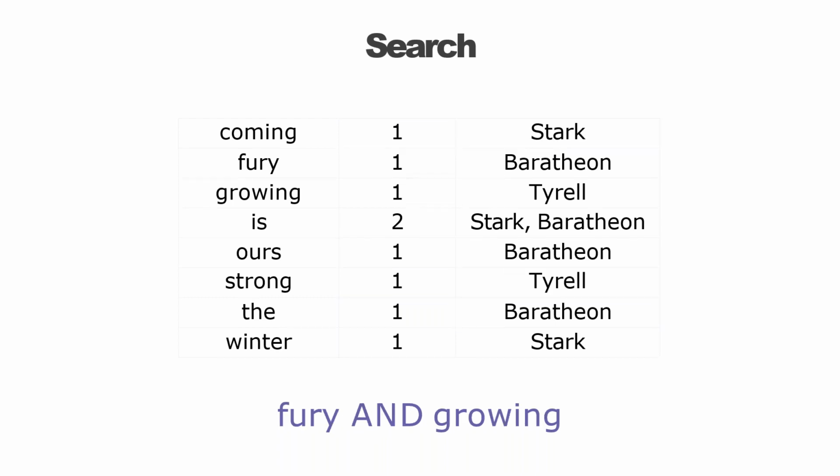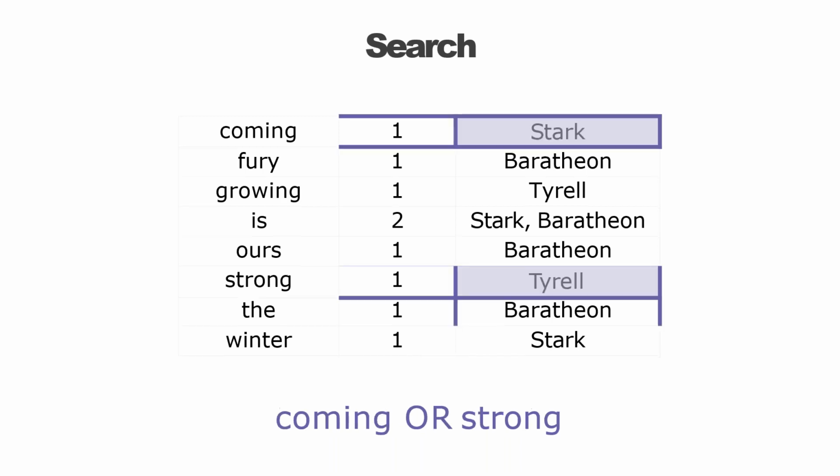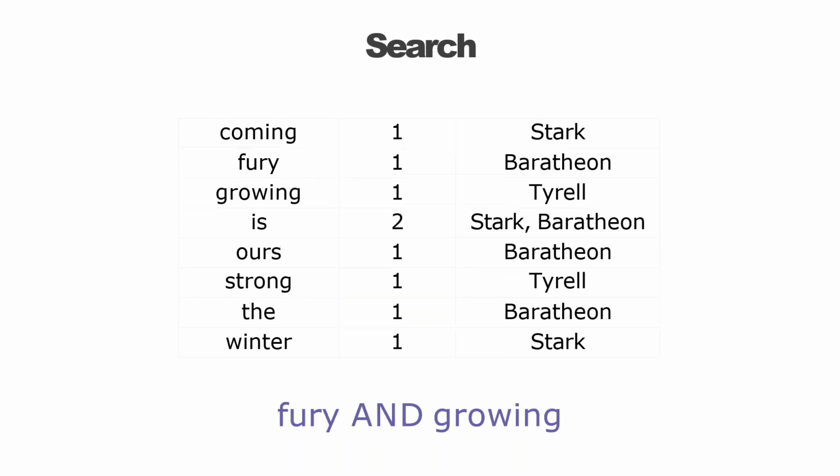Why? What is the reason for it? Can you repeat it again, Rajesh? When I search in my inverted index coming or strong, it gives me the two documents.